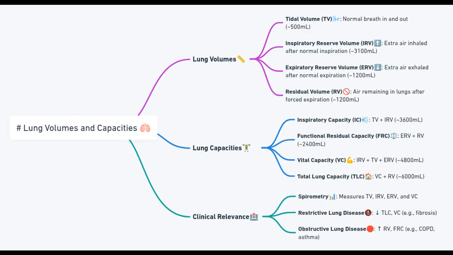It's the maximum amount of air that a person can inhale even after normal expiration. It is the sum of the tidal volume and inspiratory reserve volume. Tidal volume is the volume of air that is inspired or expired during normal quiet breathing, which is around 500 mils in an adult, and inspiratory reserve volume is additional air that can be inhaled even after normal tidal inspiration.